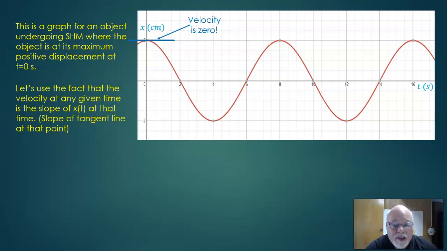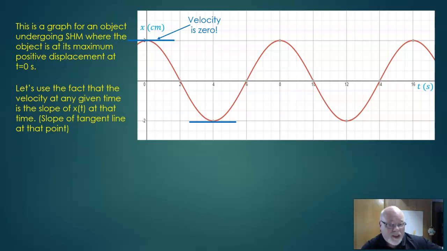Now, let's go down here to where it crosses the equilibrium point. Well, oh, I'm sorry, we'll come back to that. I wanted to show you what happens at the maximum negative amplitude. Well, again, we get a horizontal line, and a horizontal line slope is 0. So when it gets out here to the maximum negative, then the velocity is once again 0. And that makes sense too, I hope, because as the object gets to that maximum negative amplitude, it's got to turn around and start going back the other way.